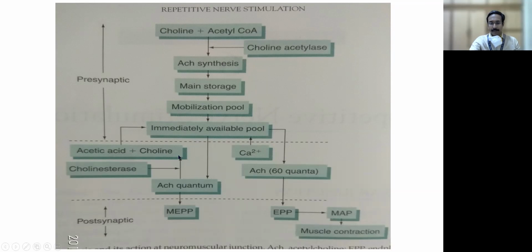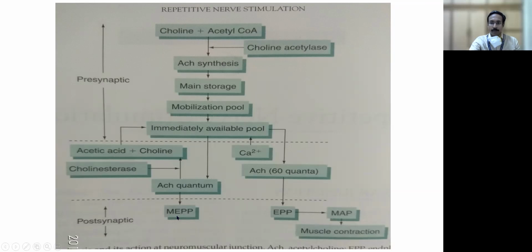When the nerve impulse happens and there's a depolarization, calcium enters the presynaptic junction, triggering a complex set of enzymes and the release of acetylcholine into the synaptic junction, where it binds to the acetylcholine receptor at the postsynaptic junction. Each small quantum of acetylcholine produces a small potential change, called the miniature end plate potential.